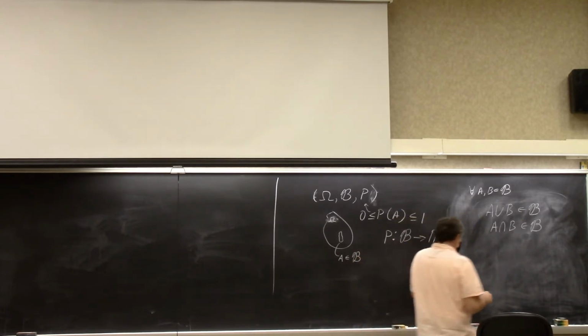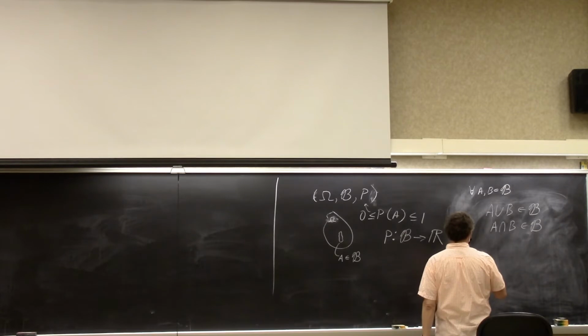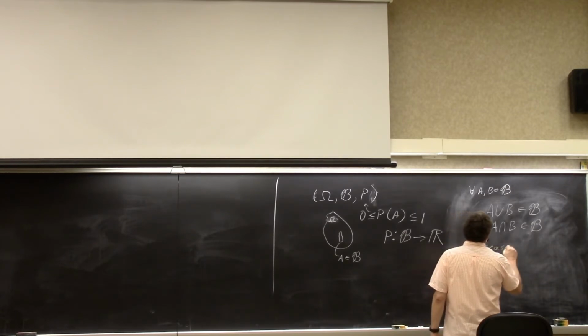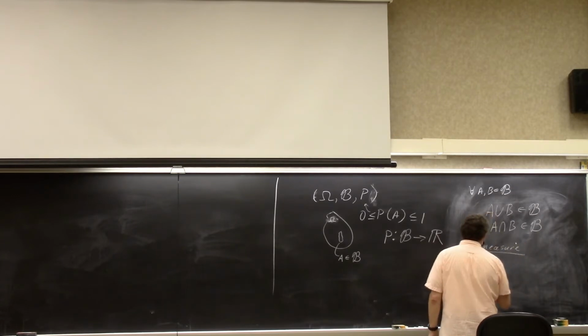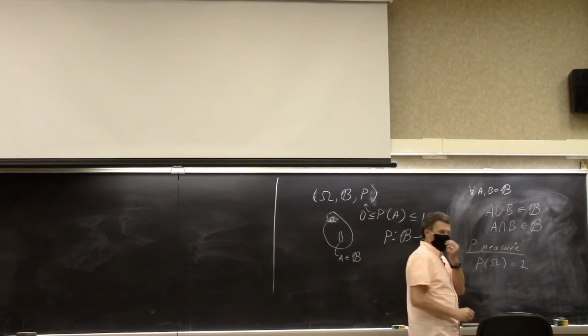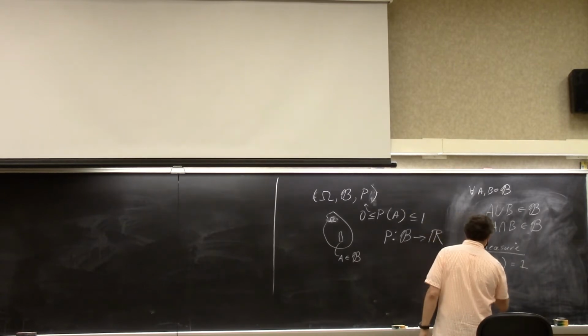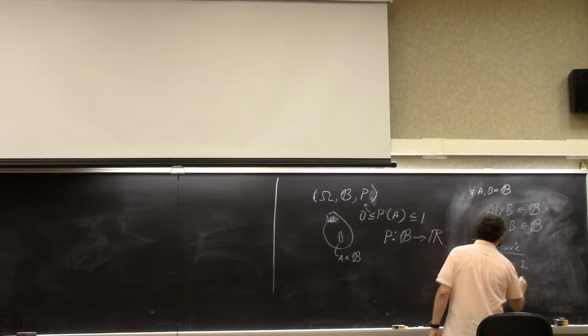And then the probability measure has certain properties. One is that the probability of the complete space is 1. The probability of the null set is 0.